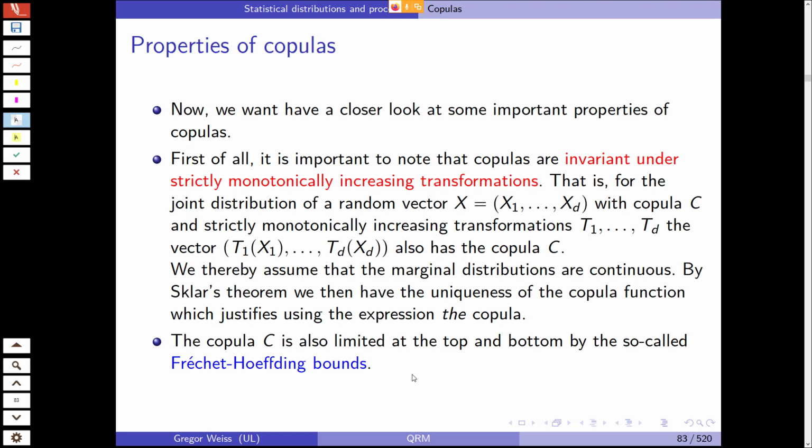Now, let's have a look at some other important properties of copulas. First of all, it is important to know that copulas are invariant under strictly monotonically increasing functions.